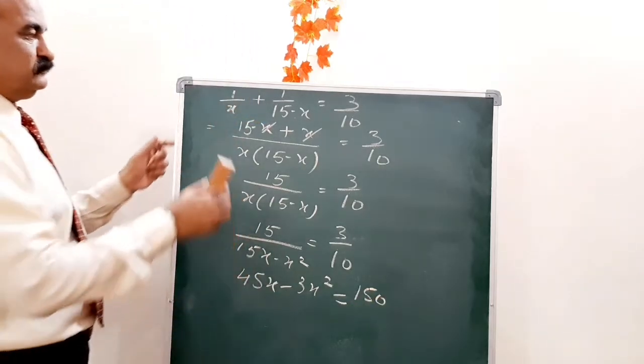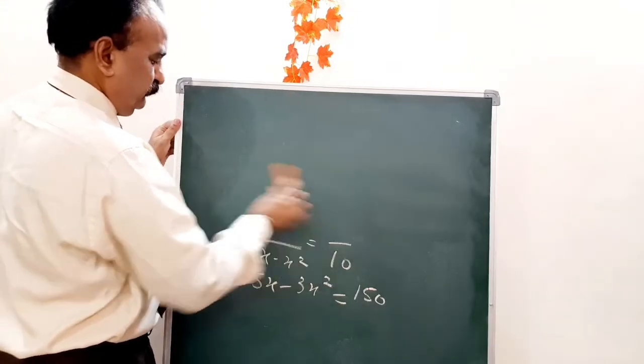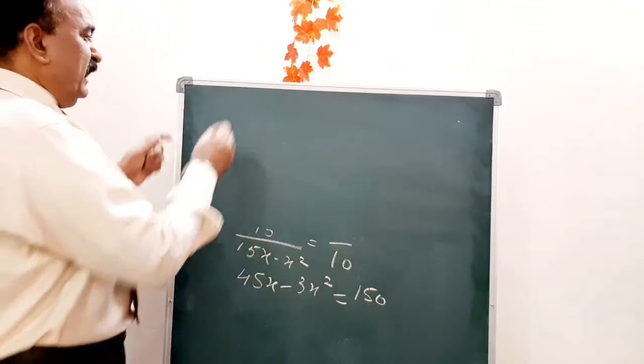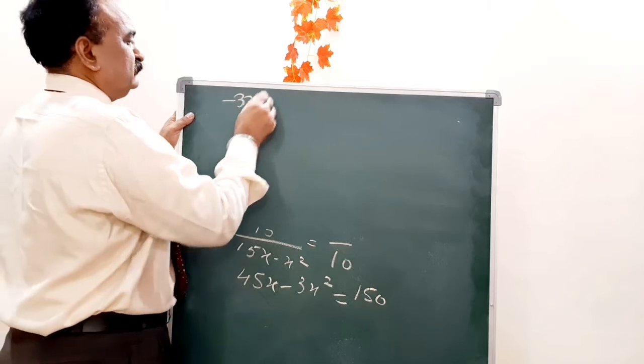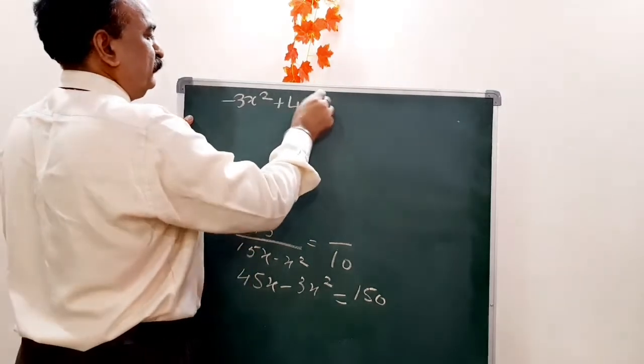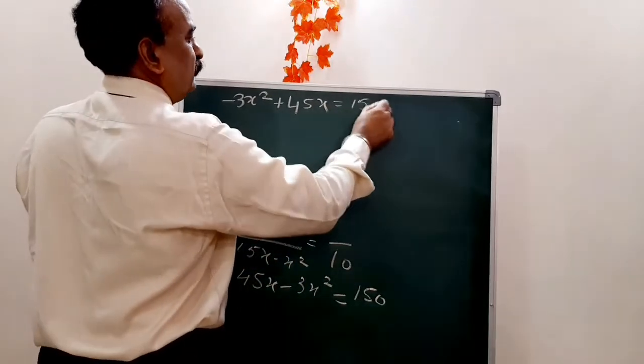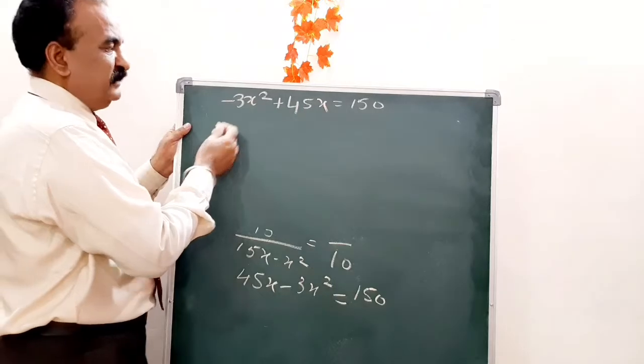Now minus 3x square plus 45x is equal to 150. You can transfer 150 this side.